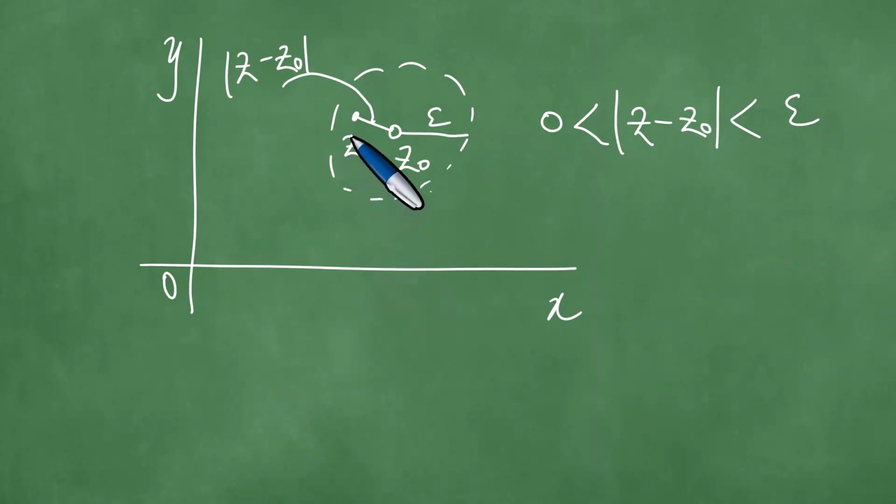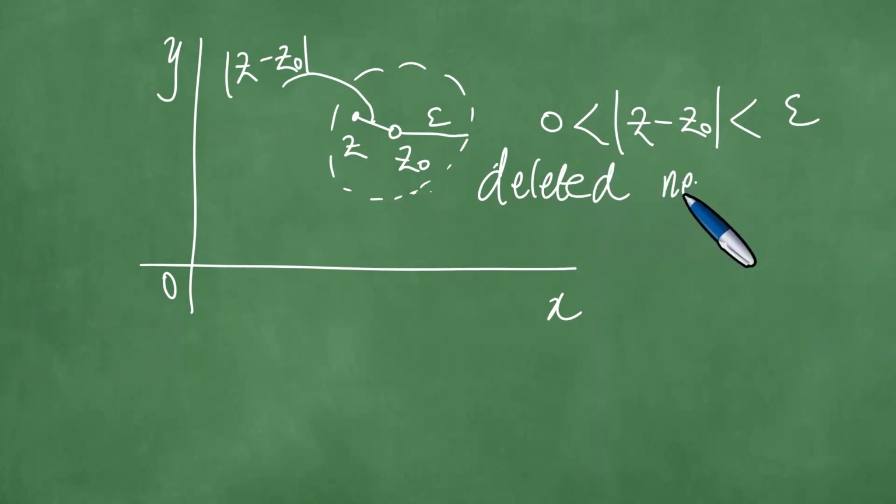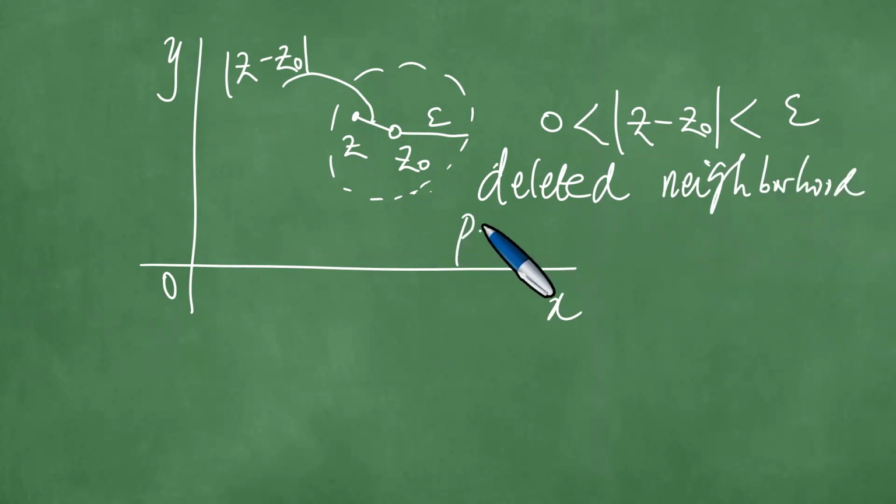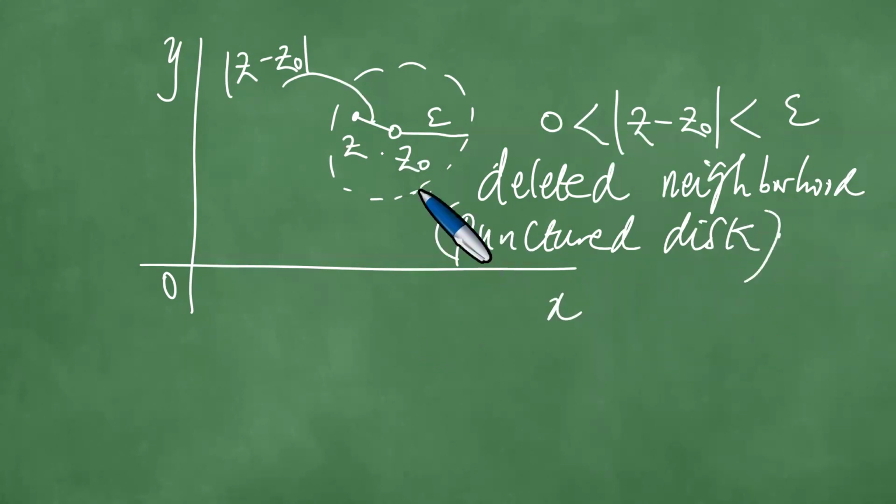We're effectively saying the distance between Z and Z0 is strictly greater than 0, meaning that it cannot be 0. So Z cannot be equal to Z0, and therefore we speak of a deleted neighborhood, or the punctured disk. The disk has a little hole there. It's punctured.